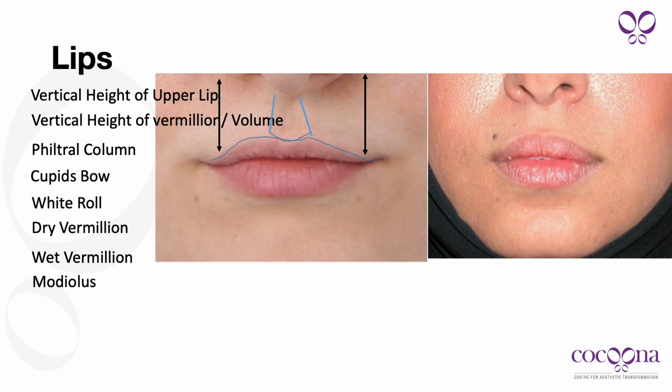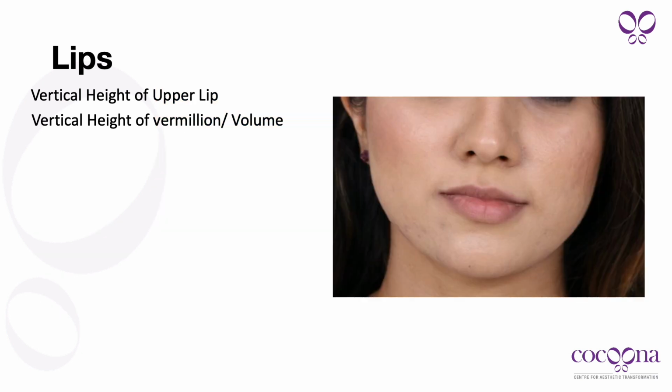The angle is slightly more downturned in this patient and slightly upturned in this patient, and this is upturned because of the long vertical lip here. So finally you look at the symmetry of the whole lip, the lower lip as well, the modulus and rest of the lip structure. Now let's see this patient.